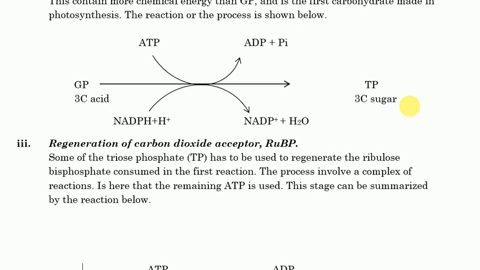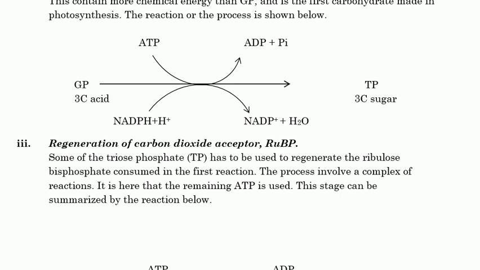So the end product of the last reaction is also a sugar. Some of the triose phosphate is used to regenerate the ribulose phosphate consumed in the first reaction. The process involves a complex series of reactions. It is here that the remaining ATP is used.